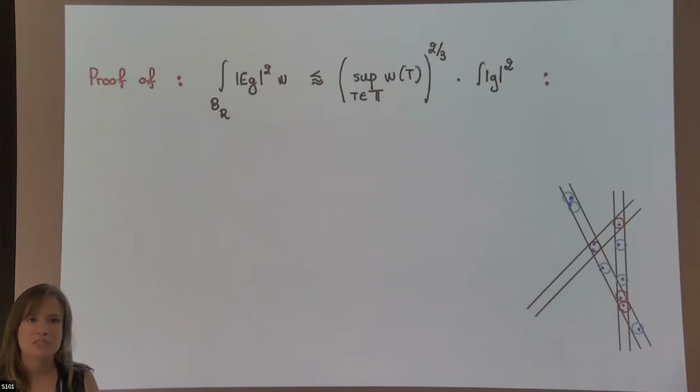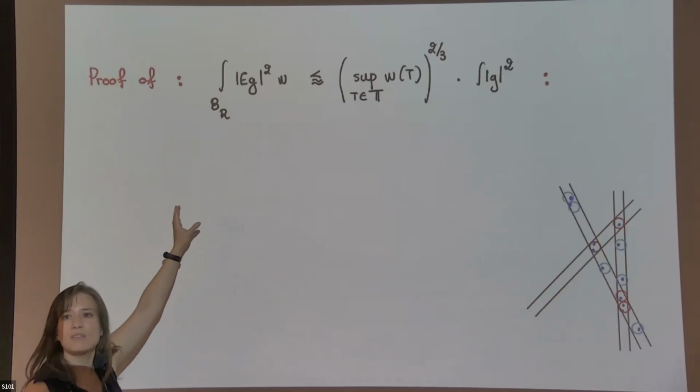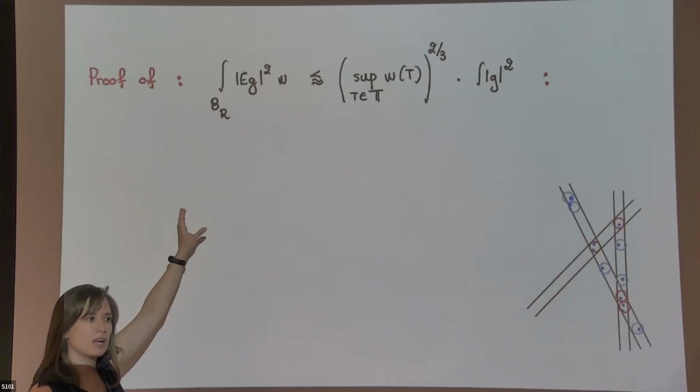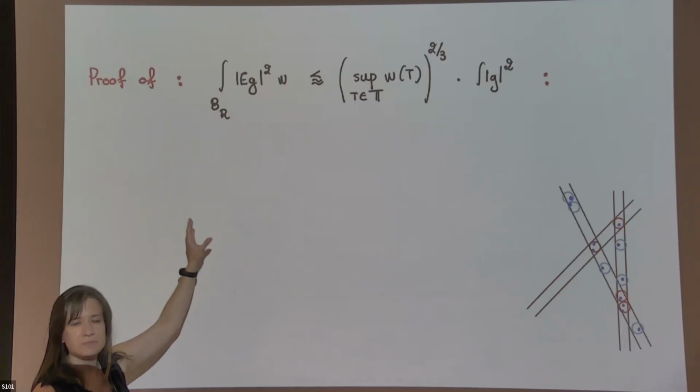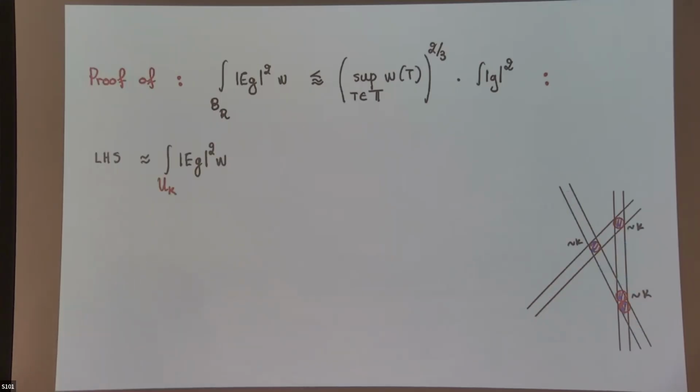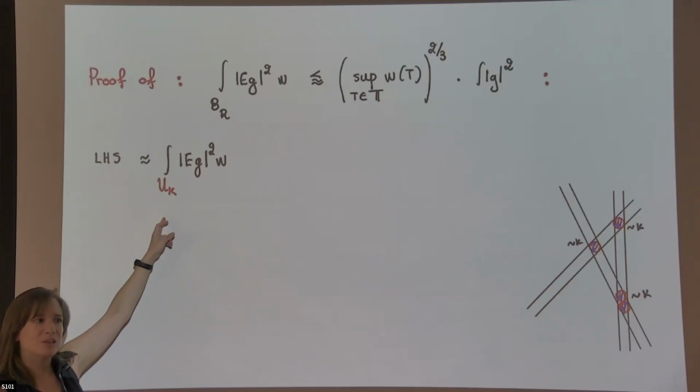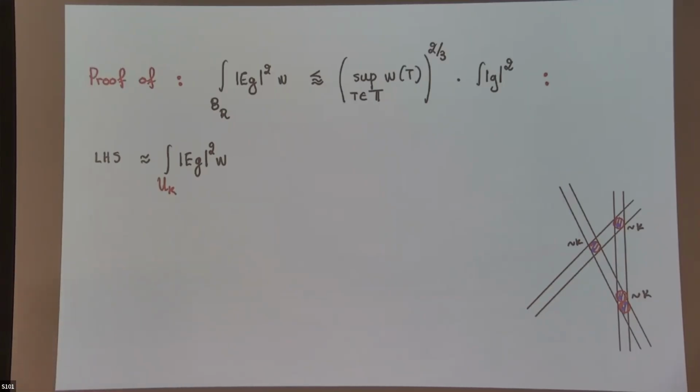Each will have a different level of richness, but some level of richness will be dominant, meaning that it will essentially be responsible for the left-hand side. Our weight will be in those balls mostly. Okay. And the left-hand side will be the same, but only in that nice set U_K. Okay, and then we just do what we did before.